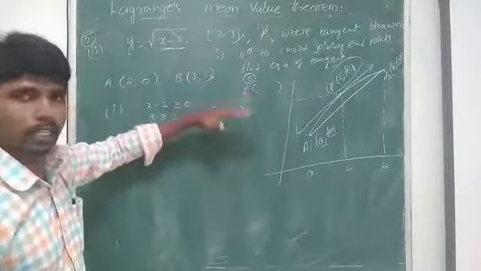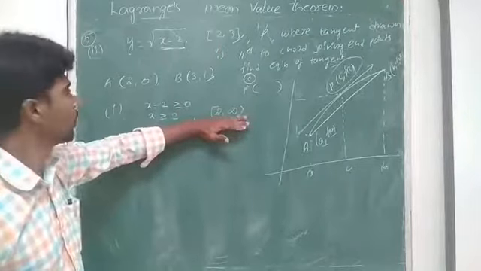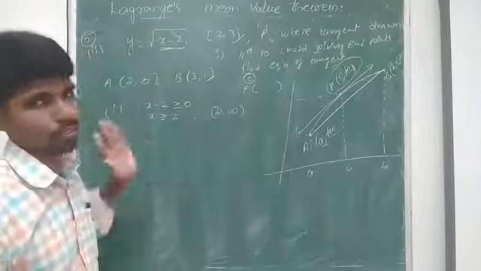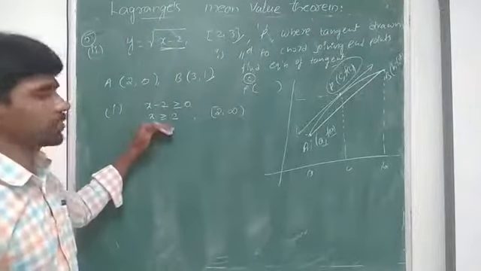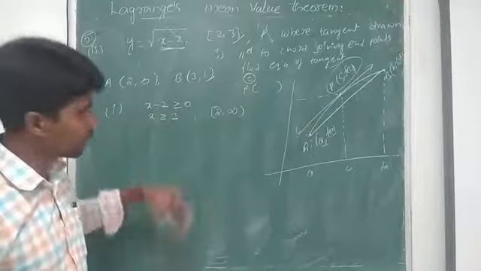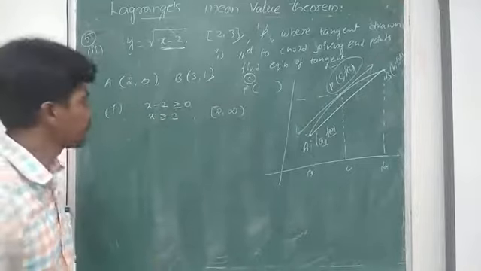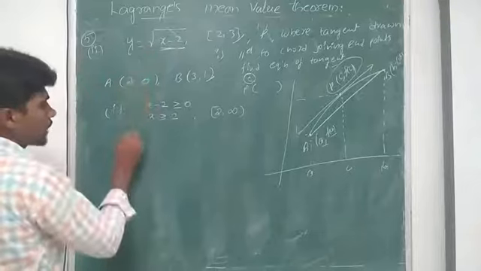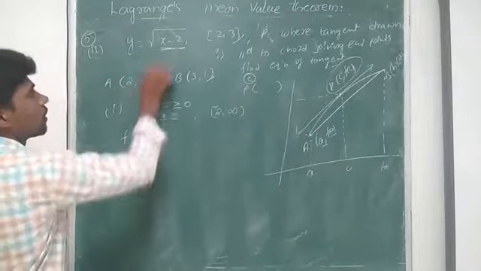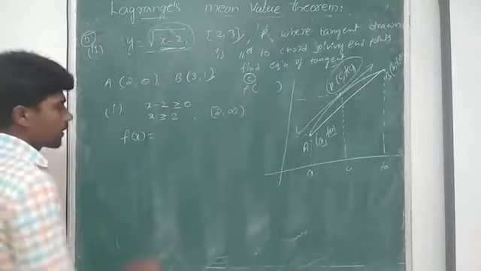Therefore, the given function is continuous. This one we can state in another way. If I take the function y as f of x as a composite function f of g.